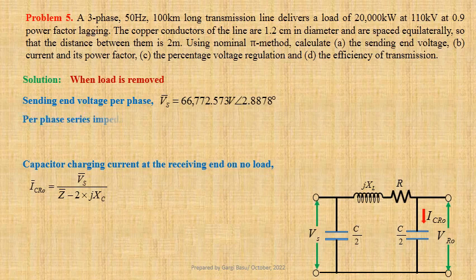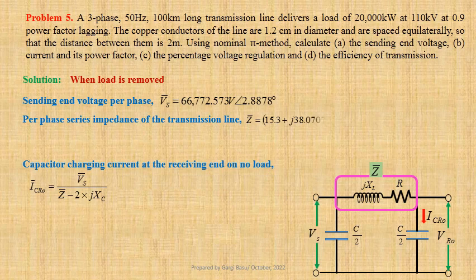Per phase series impedance of the transmission line, Z equals 15.3 plus j times 38.0707 ohm, and capacitive susceptance per phase, Bc equals 3 into 10 to the power minus 4 mho.